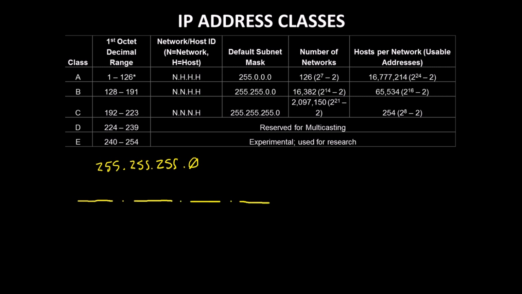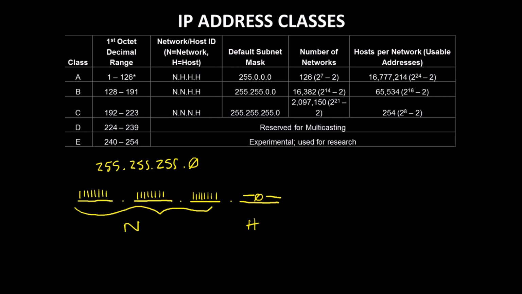And I'll go ahead and fast forward a little bit. So all of these belong to the network. This belongs to the hosts. And notice that we have a great many networks here, but not very many hosts.